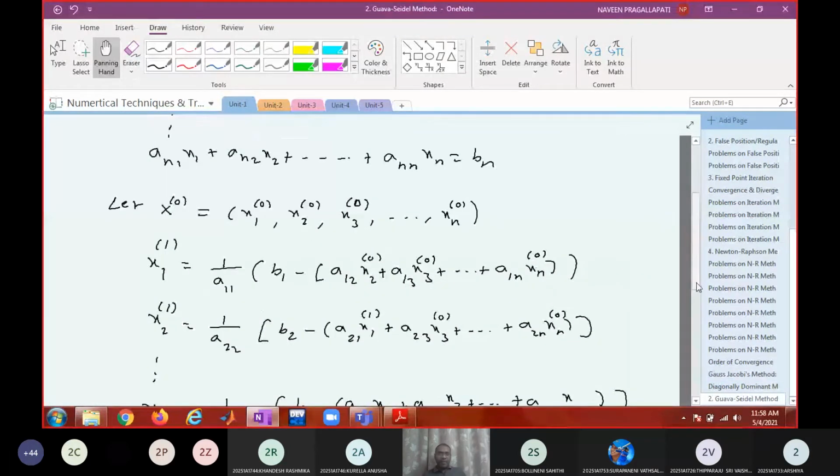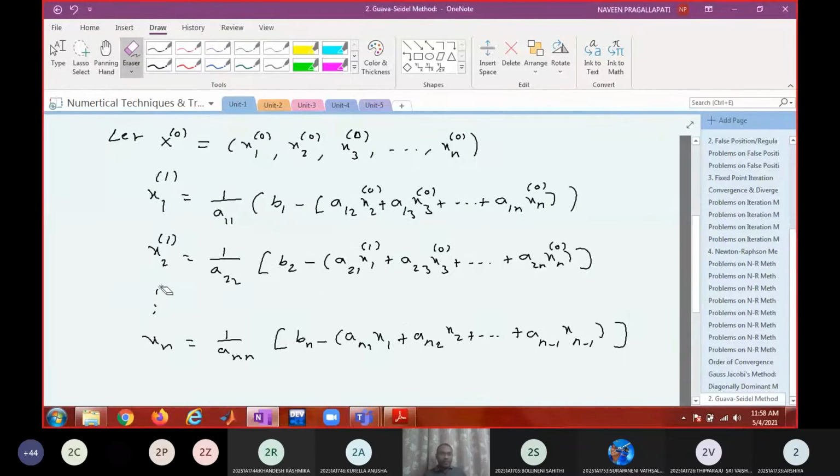Suppose you want to write down x3, what will be the x3 formula? x3 is 1 by a33 into b3 minus, what are the updated values? a31 x1 power 1 plus a32 x2 power 1, now x2 is also updated. Am I right?